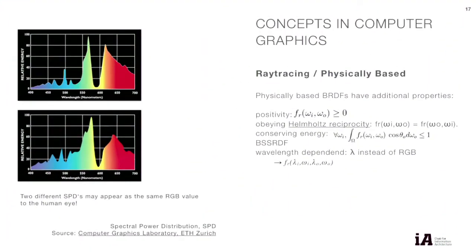You all know that, that's electromagnetic waves. We see them in a certain range. But when we perceive a color, it may be two totally different curves. And to make it physically correct, you also have to base your algorithm on wavelength and not only on RGB.